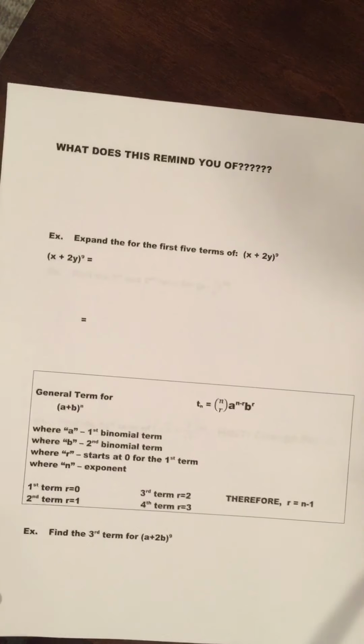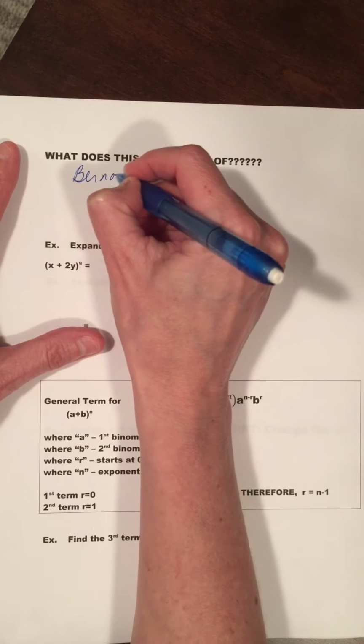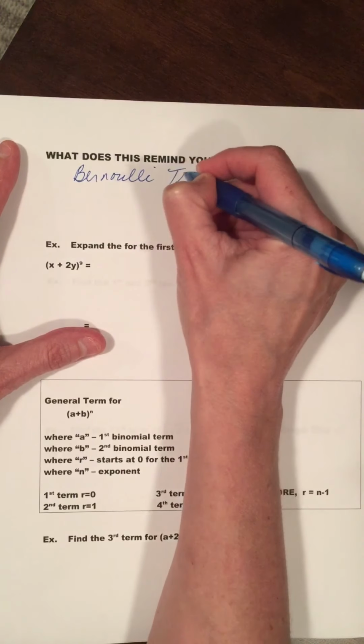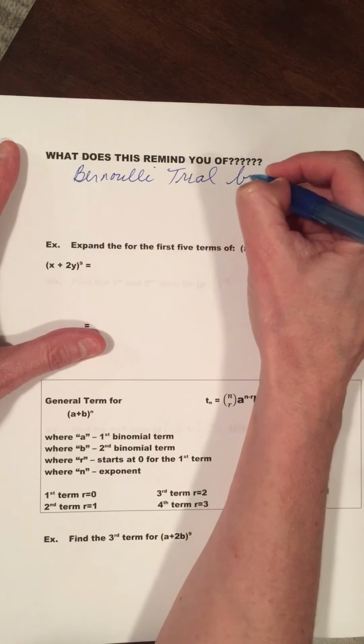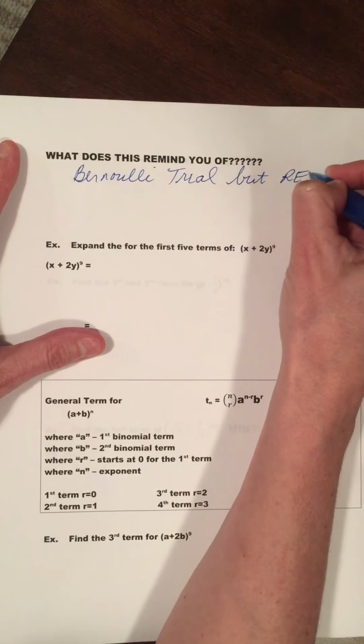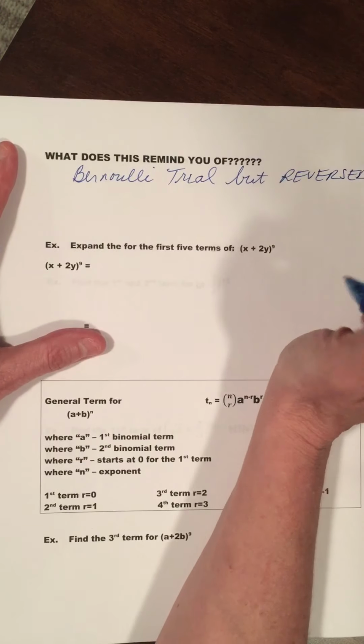So, what does all of this remind us of? The whole idea of number of trials and number of successes. Well, it reminds us of the whole idea of a Bernoulli trial, but it's reversed. Okay, what do I mean by that?